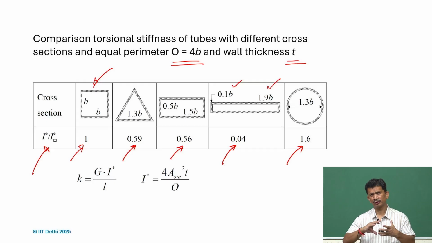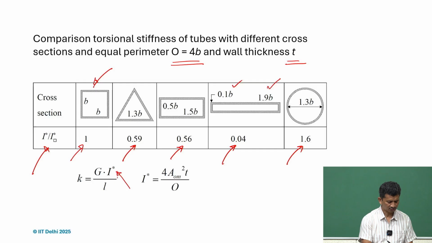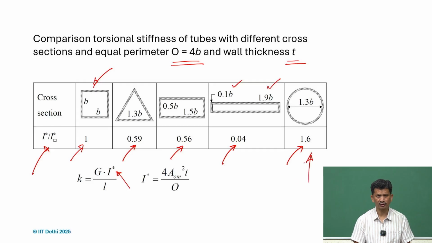So, of course, for taking the torsional load and talking about stiffness, the best is to use thin circular tubes. Here it is important to note that this I is not J all the time; the polar moment of inertia is only valid for circular cross sections.